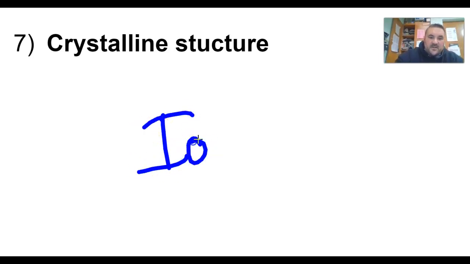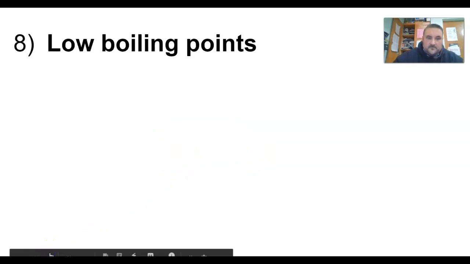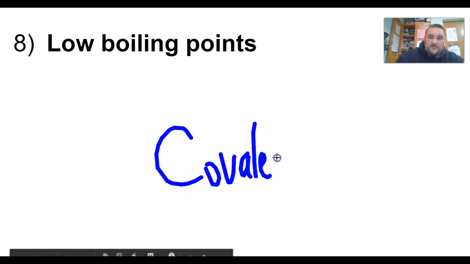That one is ionic. Has low boiling points. Covalent.